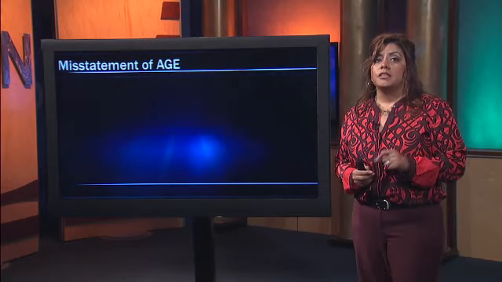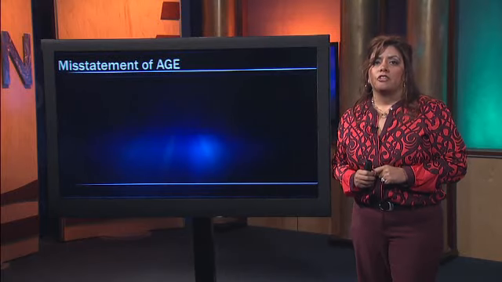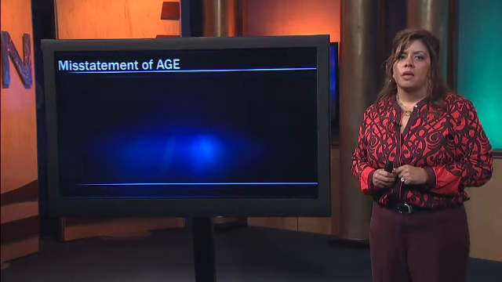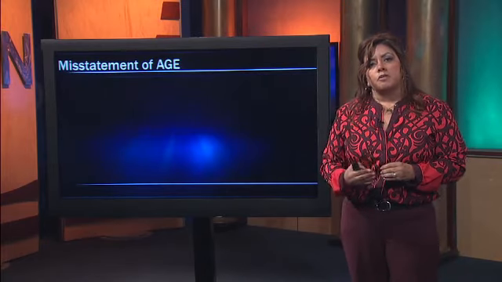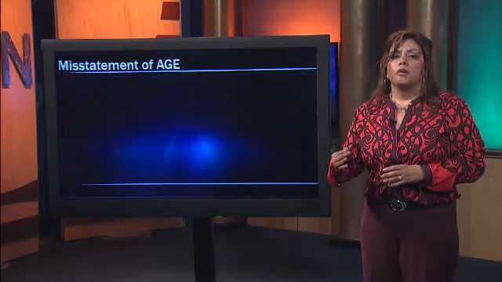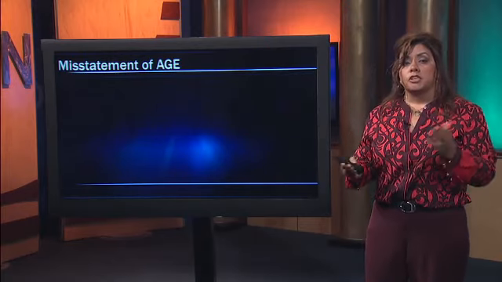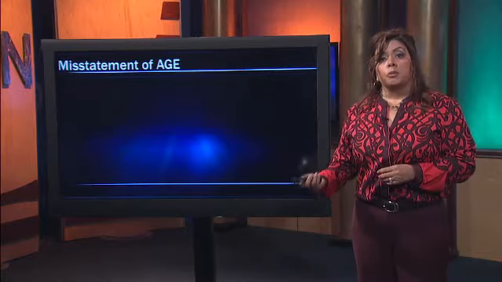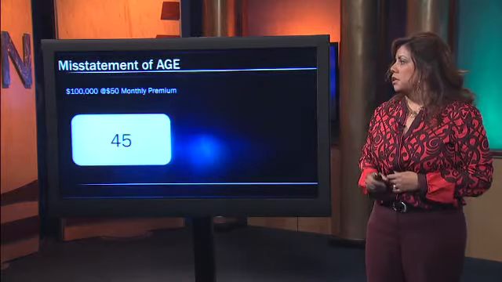Therefore, the incontestable clause does not apply to misstatements of age or gender. Now, what happens in this instance? If the company discovers that there's been an error on the application, they will still honor that and make it right. What they will do is simply adjust the death benefit to what the premium would have purchased at the correct age. So let's take a look.